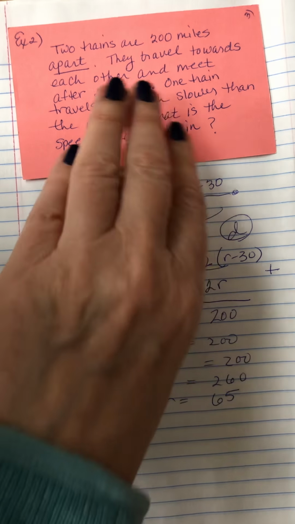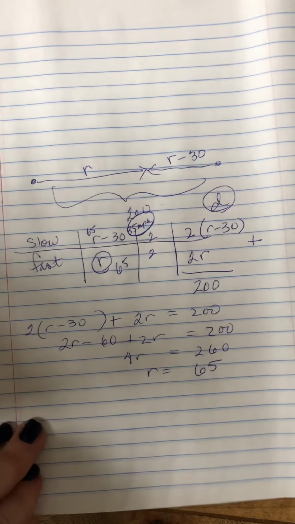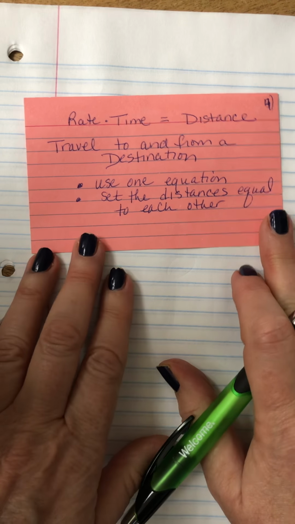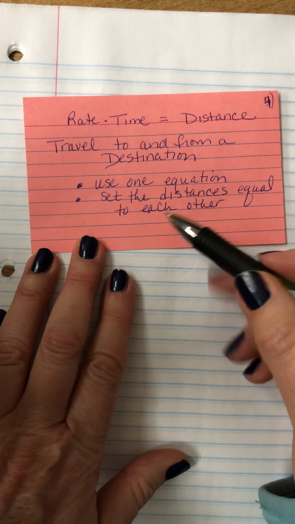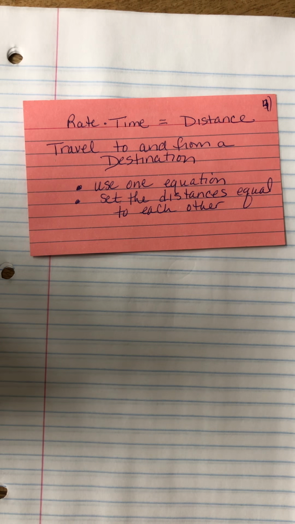Okay. The next type of problem that we have is when we're traveling to and from a destination. To solve these problems, we're going to use one equation, and we're going to set the distances equal to each other.